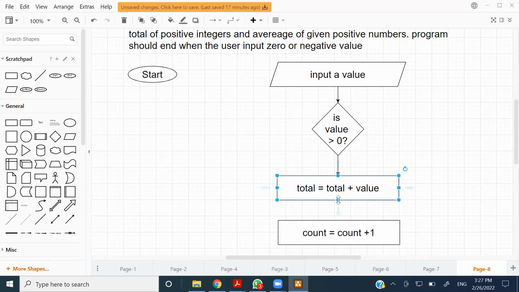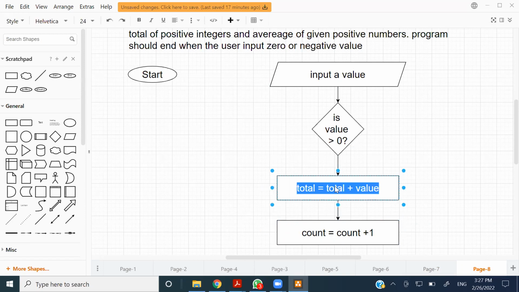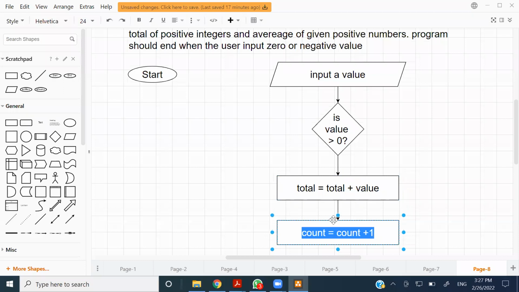So now the given value is added to the total, and that value is being counted. Now what should we do? We have to take another input value. And since we have these kinds of equations, we have to define an initial value for the total, and an initial value for the count.